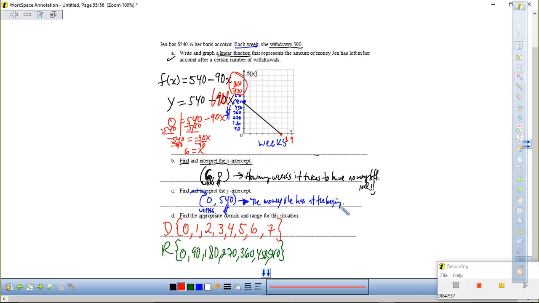Why? Because it doesn't go that far for the weeks, and they won't have that money. They would be at negatives, right? Yes. All right, let's go to the last one, number 27.